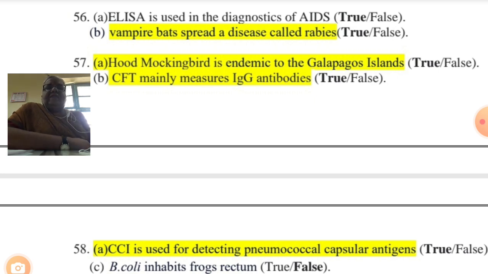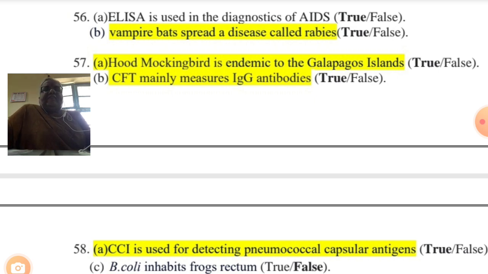In the last class, we had discussed questions from 43 to 55 and got familiar with the various parasites, their taxonomic positions and their binomial nomenclature, etc. And now we are left with a few more questions to discuss, and question number 56 goes like this.